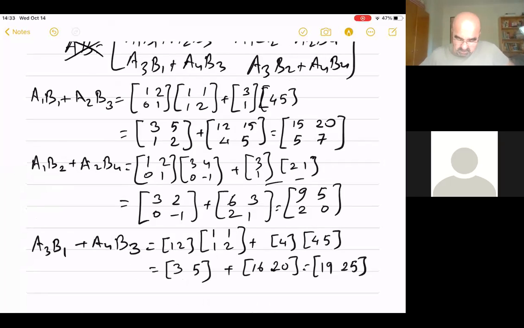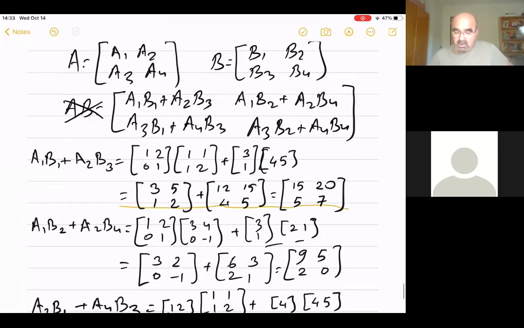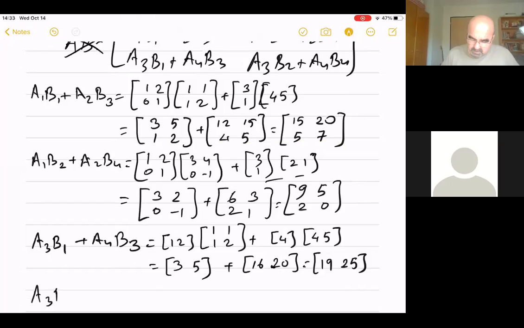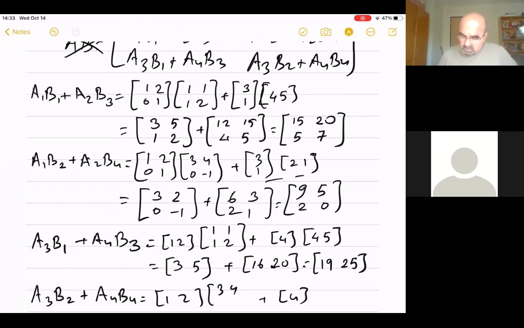One more. Finally, A3 B2 plus A4 B4. A3 is 1, 2. A4 is 4. B2 is 3, 4, 0 minus 1 is here.